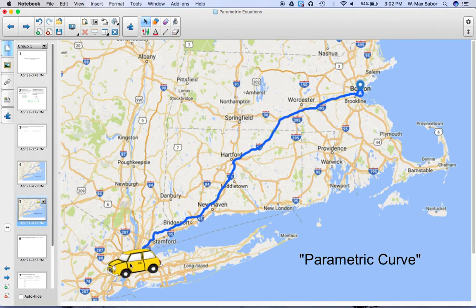This parametric curve is different from the one where you take forever to get out of Boston because of traffic, then go pretty quickly through and slow down as you get closer and closer to New York. The speed at which you're going is considered in the parametric curve because it's not just telling you what path we're taking, but also how quickly we're going through each part of it.